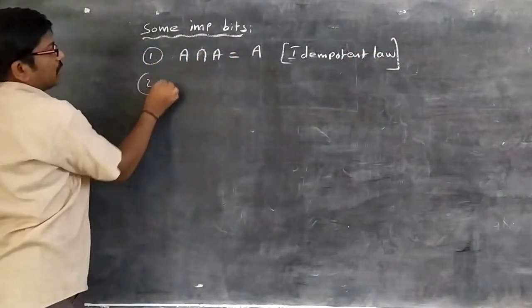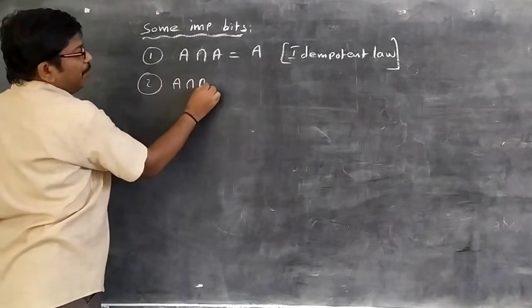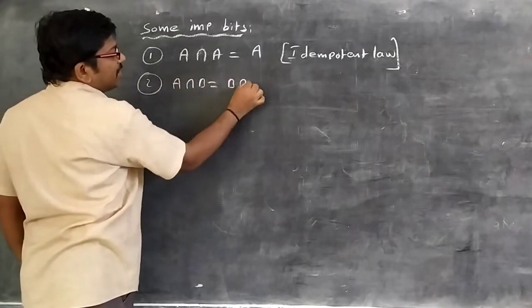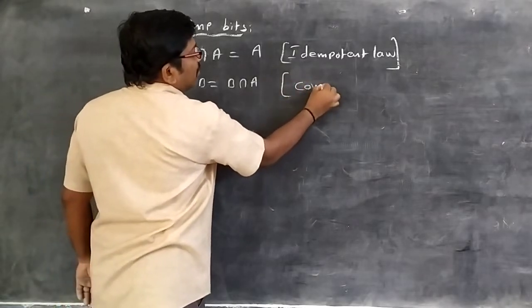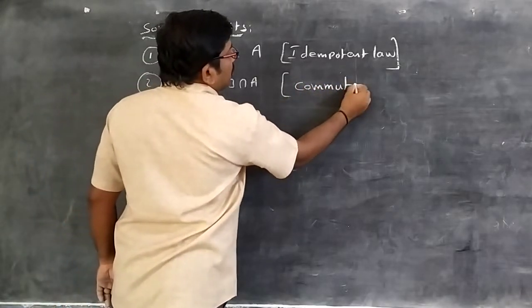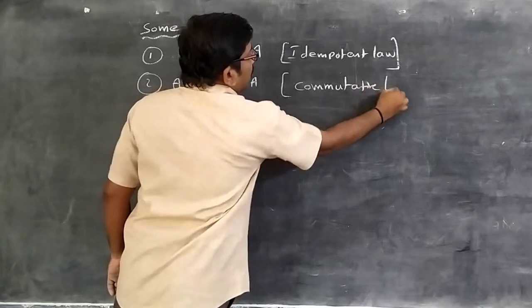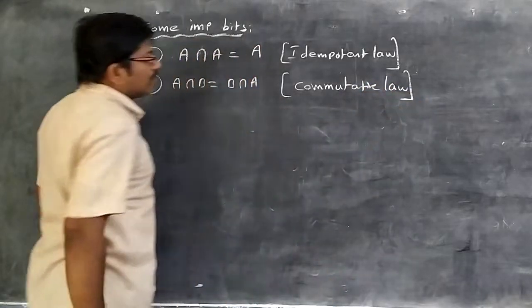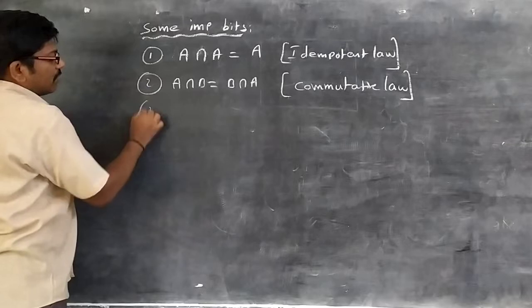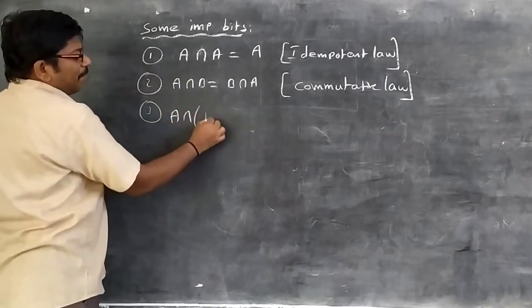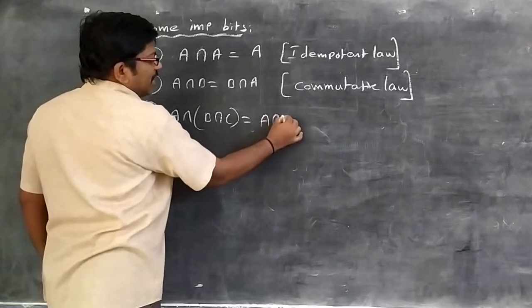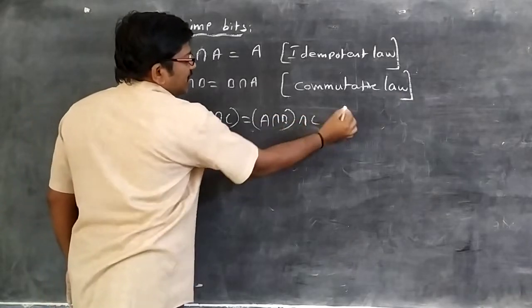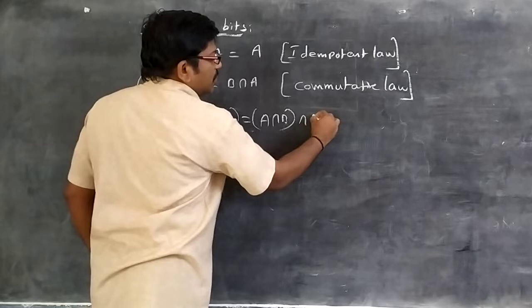Next, number 2, A intersection B is equal to B intersection A. It is the commutative law. Next, (A intersection B) intersection C is equal to A intersection (B intersection C). It is called the associative law.